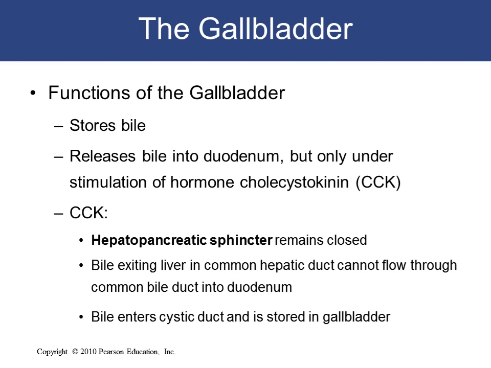But with the help of cholecystokinin, it opens this sphincter to allow the bile to be released into the duodenum. So when this sphincter is closed, the bile enters the cystic duct and is stored in the gallbladder.